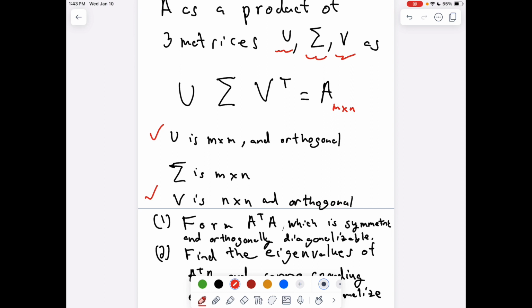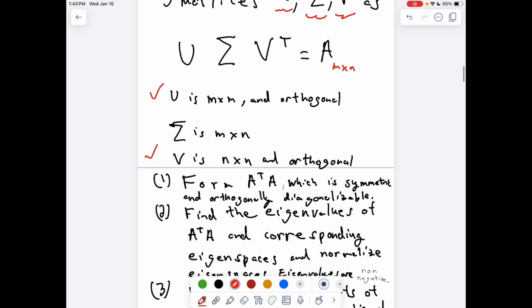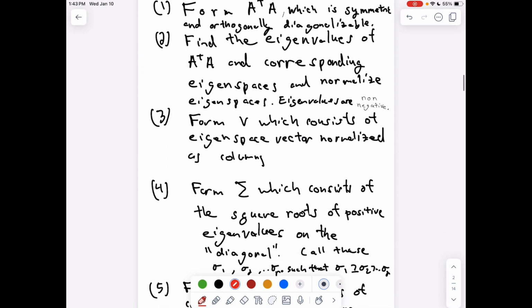Also, I'm going to do some stuff with finding cross products and such, so if you need to review that, please go ahead and do so. But the most important thing here is finding eigenvalues and eigenvectors.